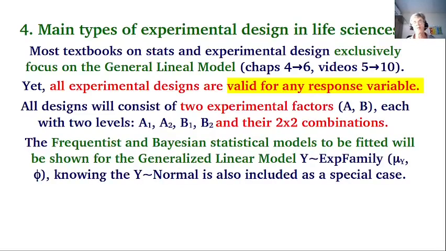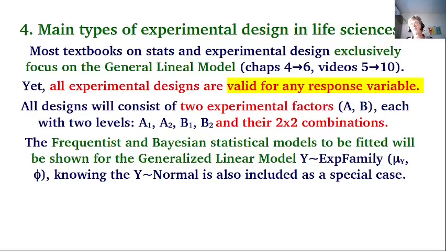I'm going to explain the Frequentist and Bayesian statistical models that will be fitted, and I will use the idea of the generalized linear model, depicting the response variable as if arising from one of the distributions that make up the exponential family of distributions.